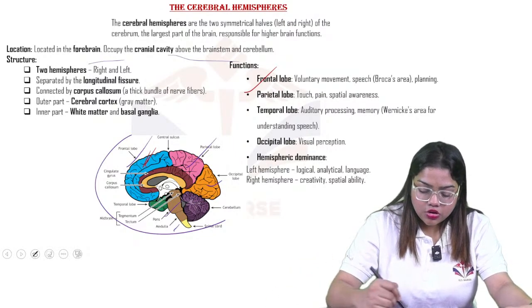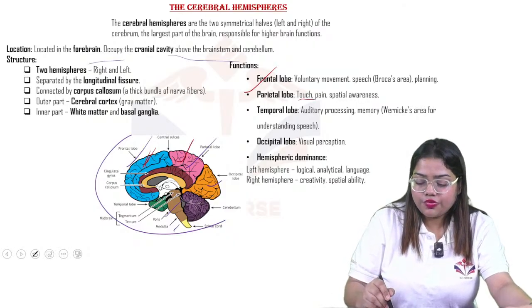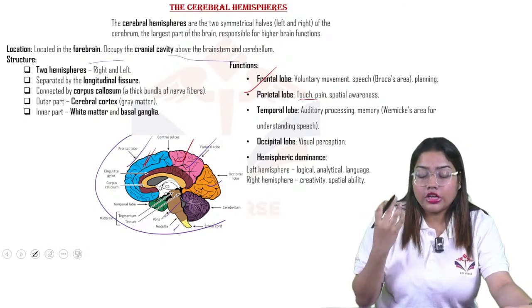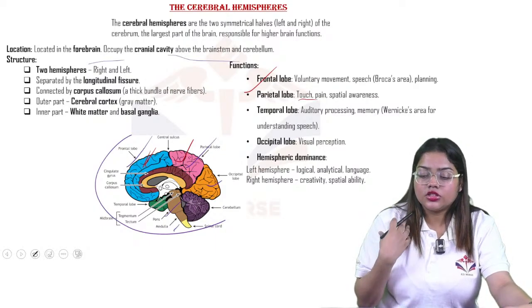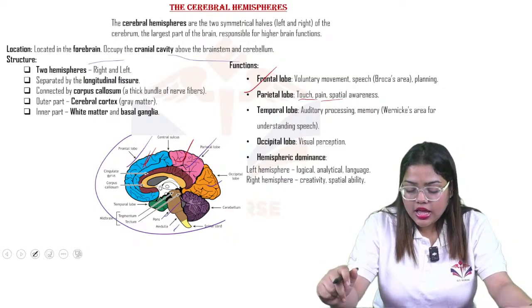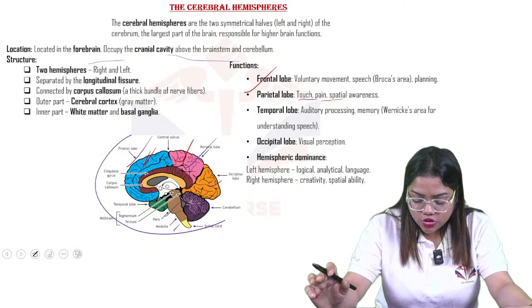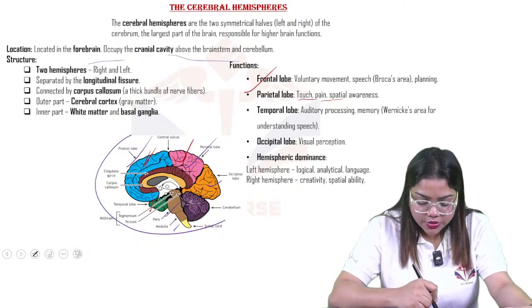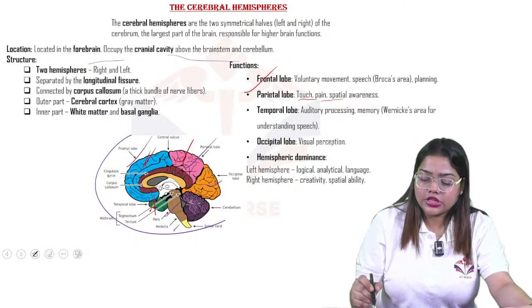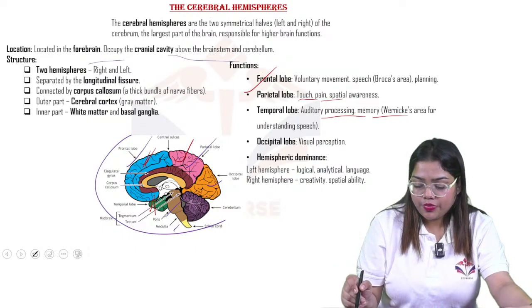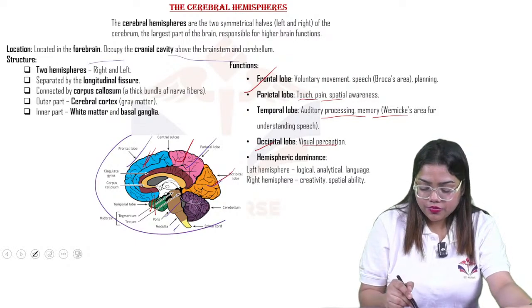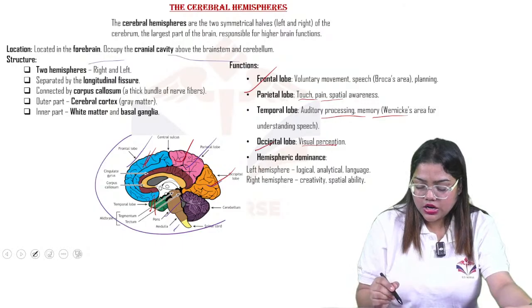The parietal lobe receives sensory impulses like touch, pain and spatial awareness. Here is the temporal lobe, you can see the green one. The temporal lobe helps in auditory processing and memory. The occipital lobe helps with visual perception.